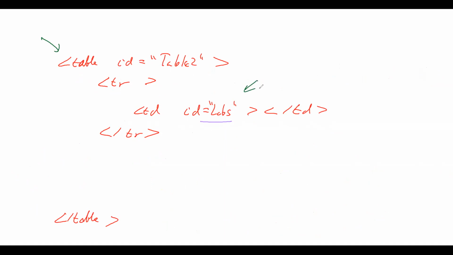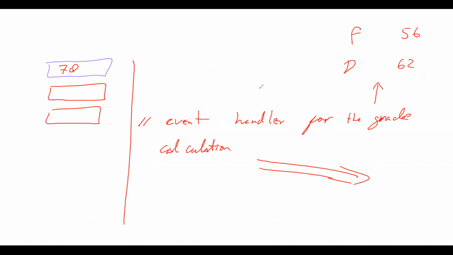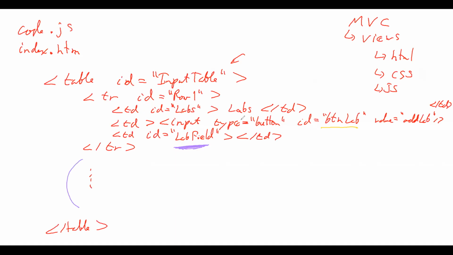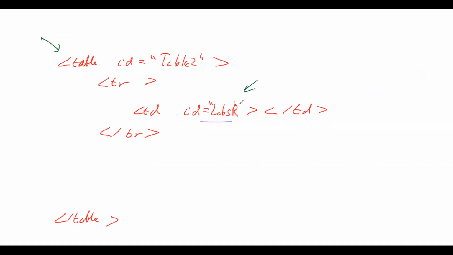Once you've gone through the calculation, you would simply grab, I think it was called labs. Maybe I should call it labs result, so it's a little bit more obvious.